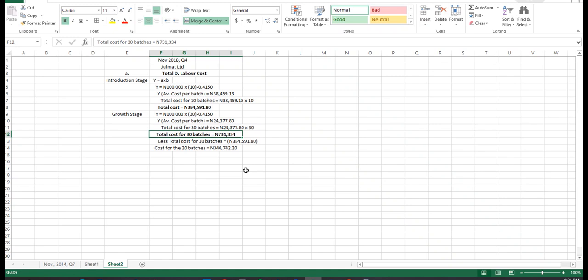Let me say it again. This 731,334 is the addition of both the introduction stage and the growth stage together. But the question is asking us for each stage. Do we understand? The question is asking us for each stage. So what did we spend on each stage?